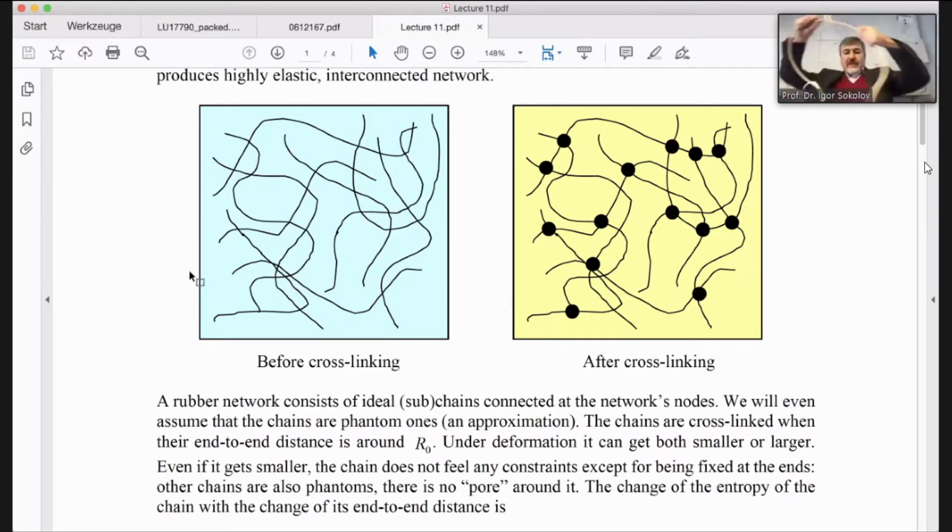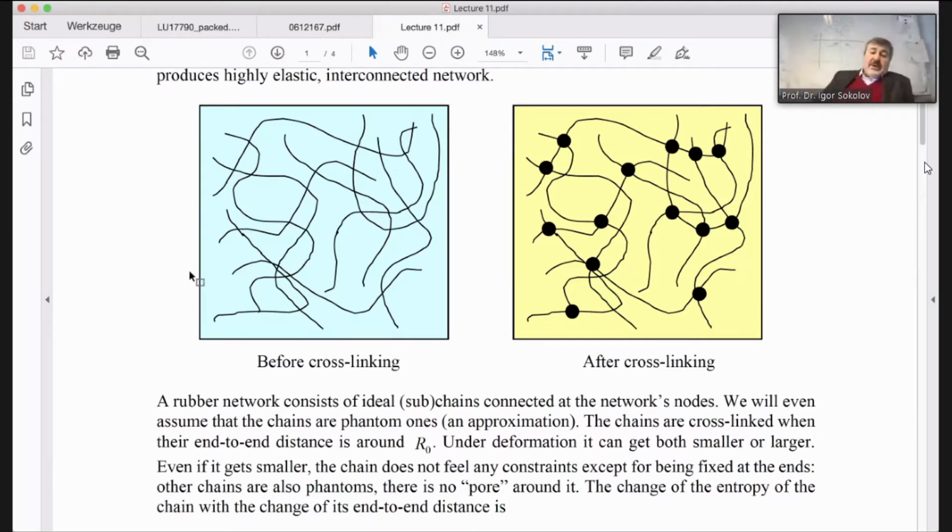There is a chain between two points. I fully neglect the fact that if I have another chain, the chains interact only in the cross-linking points, and I fully neglect the fact that if the chains meet and cross on whatever side which is not a cross-linking point, they are interacting. This is neglected.